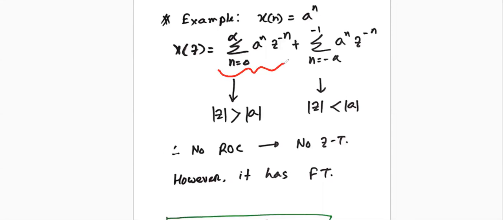From our experience, we have already shown that |a to the power n z to the power minus n| should be less than 1. So we can find the z value. The z value should be greater than the magnitude of a.